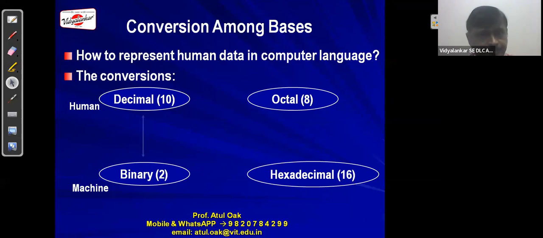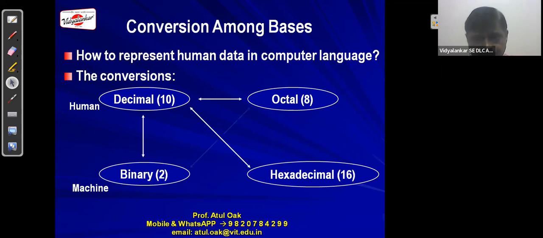Number one, human talks decimal, get into machine binary. Machine talks binary, get into decimal. This is number two. Number three.